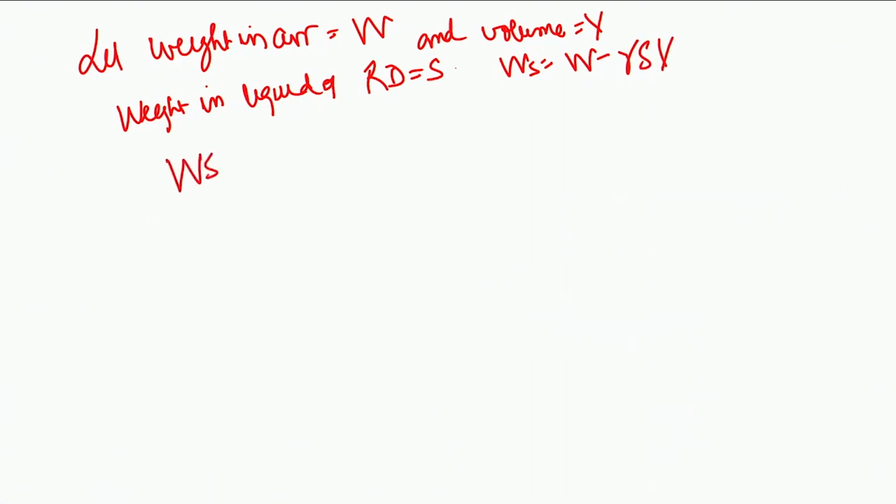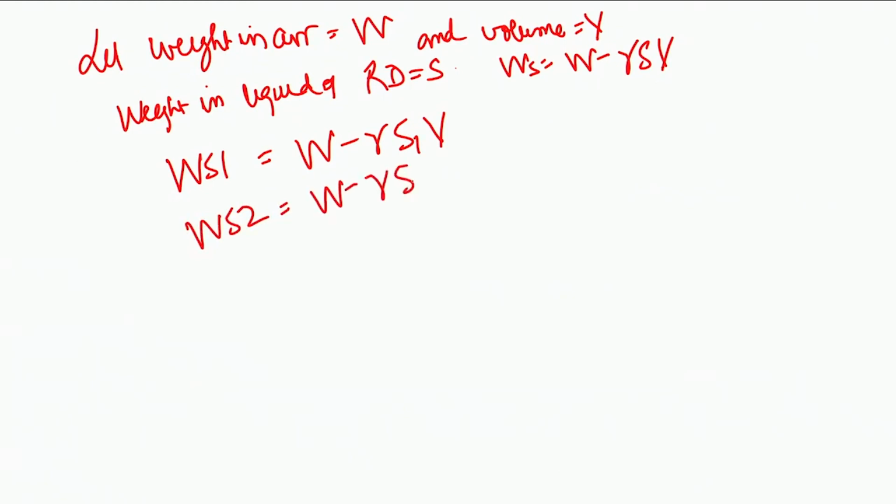So Ws1 is going to be W minus gamma S1 into V. Ws2 is going to be W minus gamma S2 into V, right?